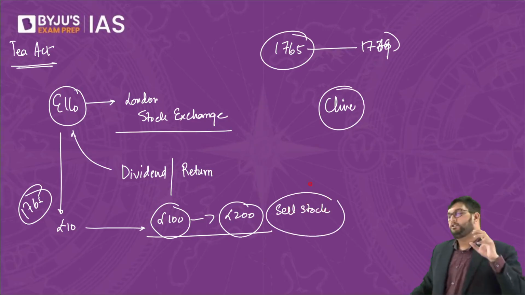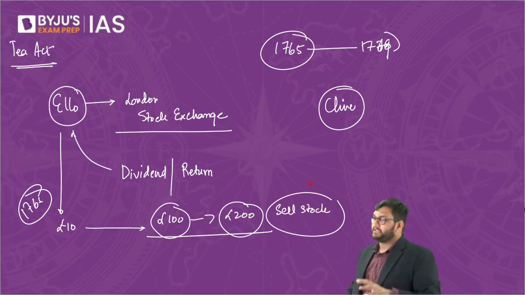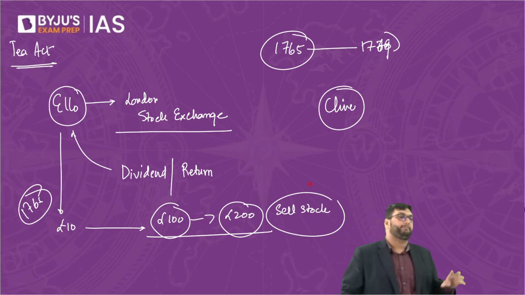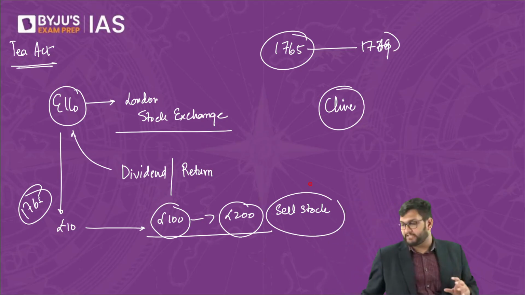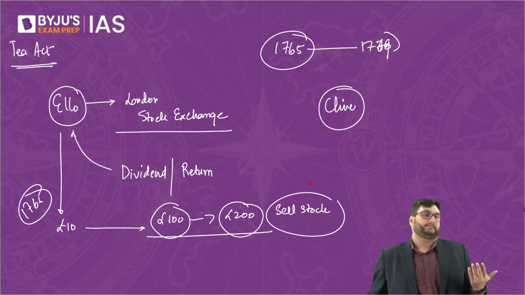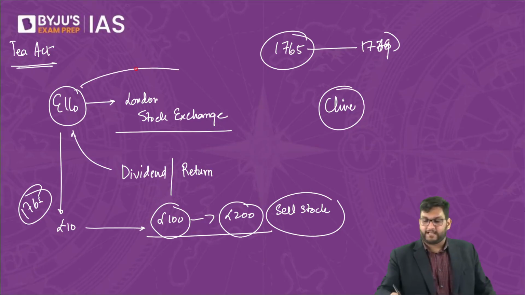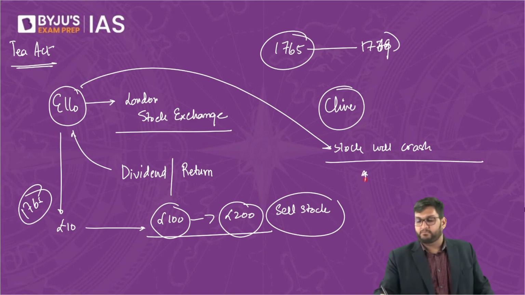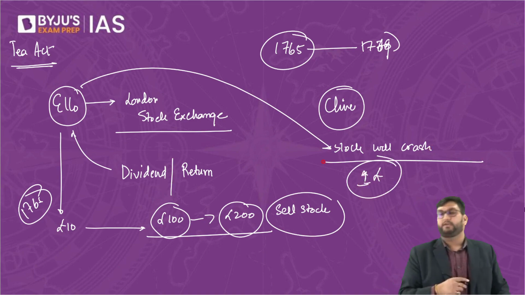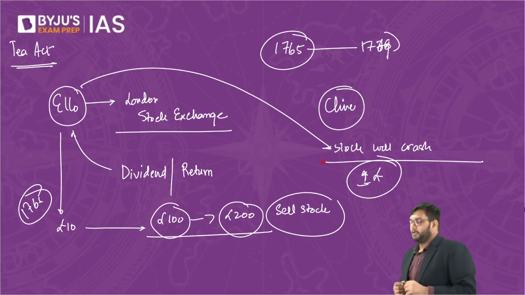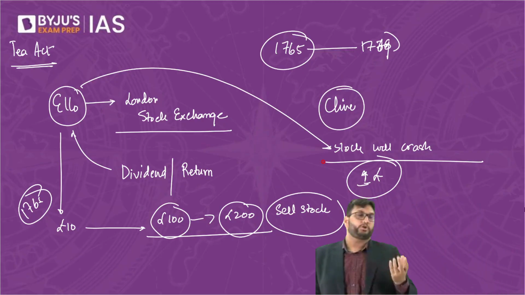When there is too much supply of something and the demand is very low, what happens to the price of that commodity? Yes, the price crashes or falls. And East India Company stock will crash. It will come to £1 at one point of time because of Clive. You know the story, but you don't know the terminology behind it.